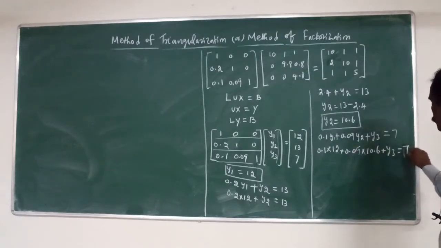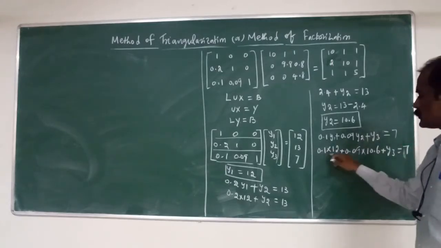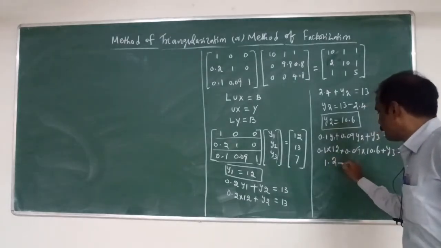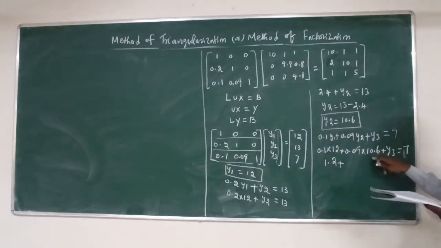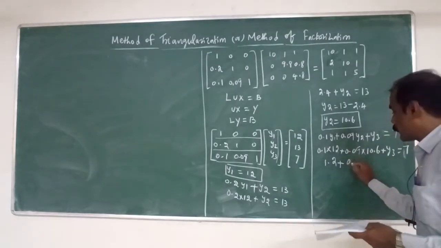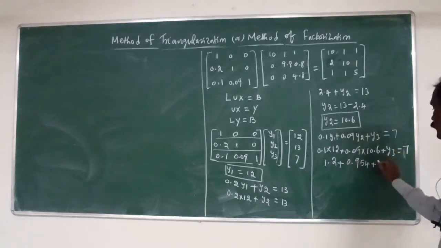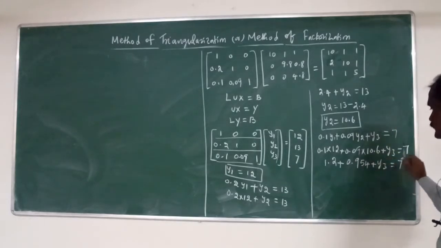Now multiplying these two, we get the result 1.2 plus, multiplying these two, we get the result 0.954 plus Y3 equal to 7.